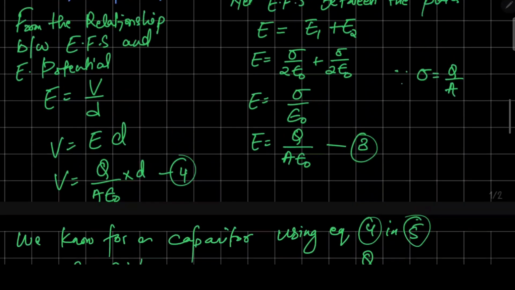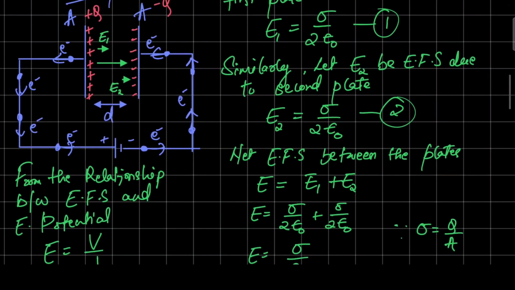One thing you will have to remember in this case: there is not basically nothing between the plates. What we say is that there is air between the plates. So the medium between the two plates is air, and that is why epsilon naught is taken. If there is any other medium, the permittivity will change, so we will not be able to use epsilon naught. So this capacitance of a parallel plate capacitor, which we have derived right now, is for when the medium between the two plates is filled with air.